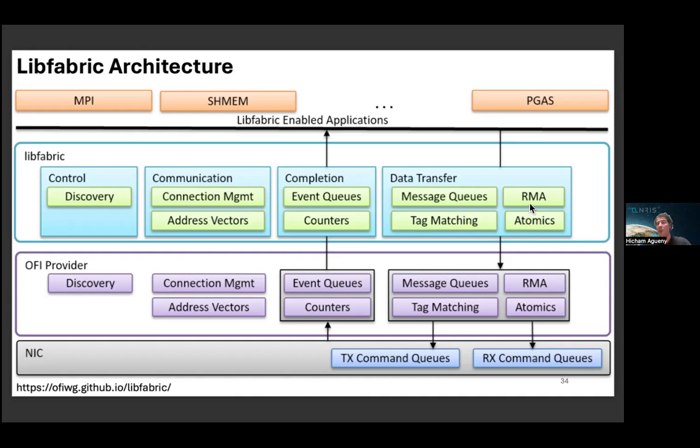There is also remote memory access, where a process can access the memory of another process remotely. And we have the atomics option to prevent any data corruption or race condition. So you can see here this is the abstract API, and here is the real implementation. So that's briefly the libfabric architecture.